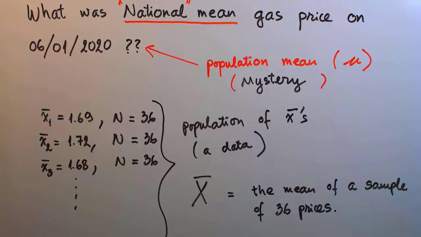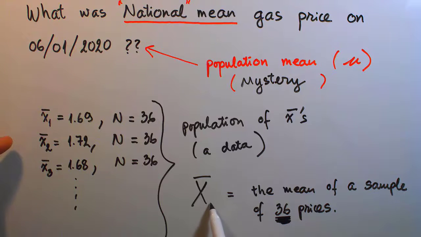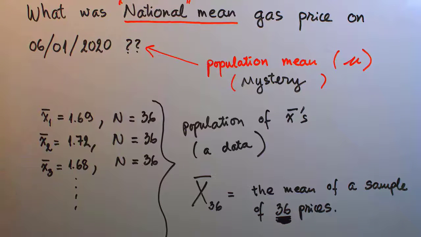When I was still teaching a face-to-face class with my students, for the gas prices, the 36 prices here, I would remind them that we must ensure all samples have equal sample size, in this case 36. So it's just me that I additionally put a subscript 36 here to indicate that, so together here's one symbol for my random variable. So it's a capital X bar 36, which represents the mean of a sample coming out from 36 prices.